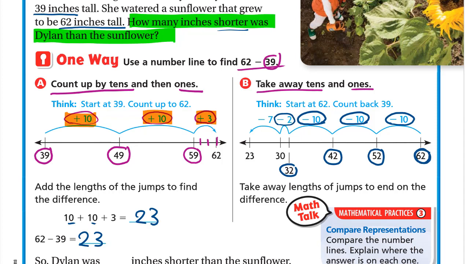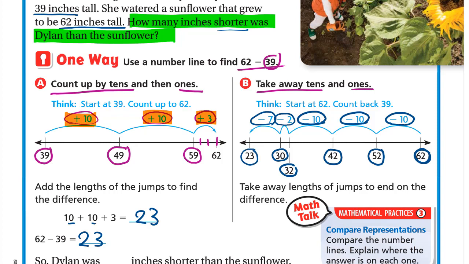So we subtract 2, and now we are at 30. We subtracted 10 and 10 and 10, that's 30, and we subtracted 2, it means we subtracted 32, so we have to subtract 7 more. So 30 minus 7 equals 23.